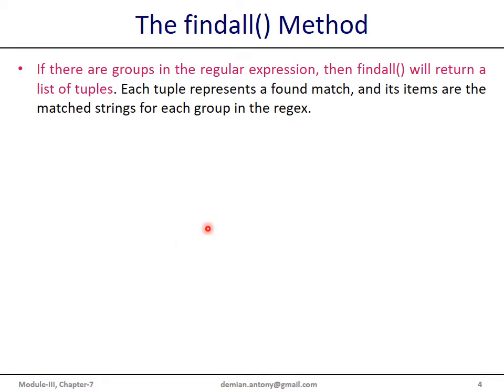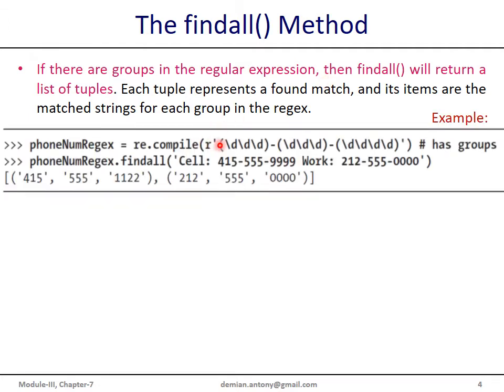If there are groups present in a regular expression, then FindAll will return a list of tuples where each tuple represents the matched groups, and the return is a list of tuples. Let us take up the example. We have three groups here.